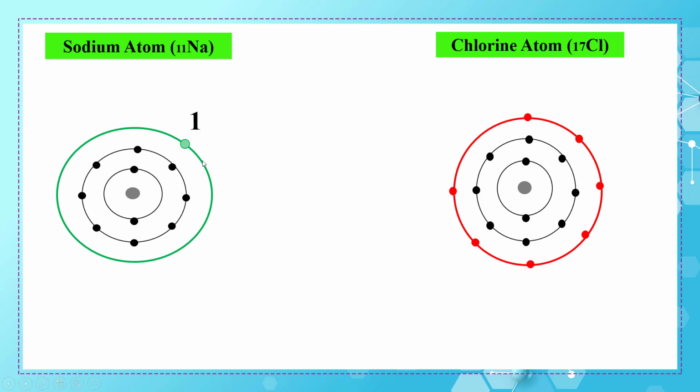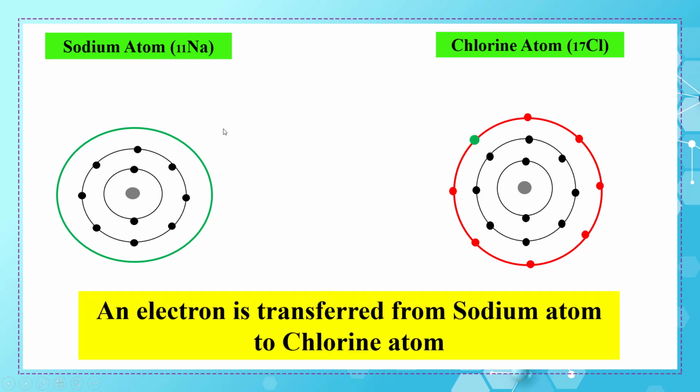Look at this electron in the sodium atom. What will happen? It moves into the chlorine atom, so the chlorine atom gains this electron and the sodium atom loses one electron. So what happened here? An electron is transferred from the sodium atom to the chlorine atom.